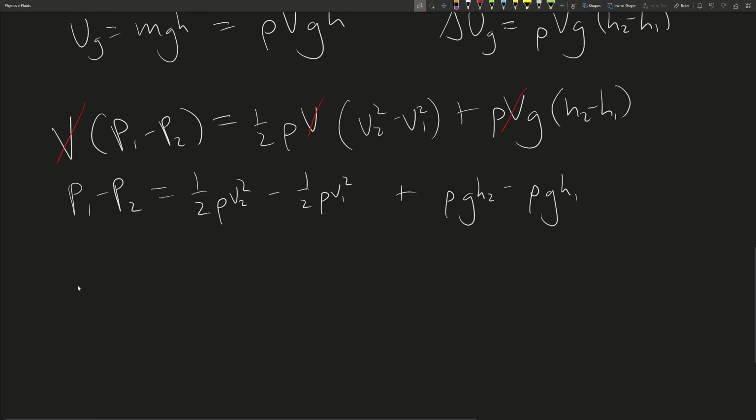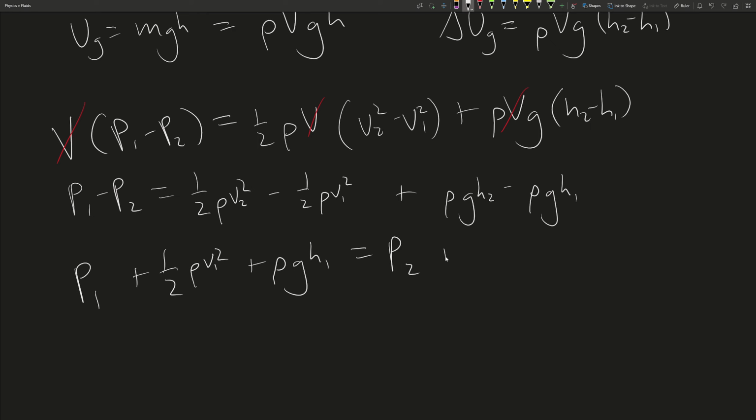And rearranging the terms here, let me rewrite this: pressure 1 plus 1/2 rho V1 squared plus rho g H1 is equal to pressure 2 plus 1/2 rho V2 squared plus rho g H2.